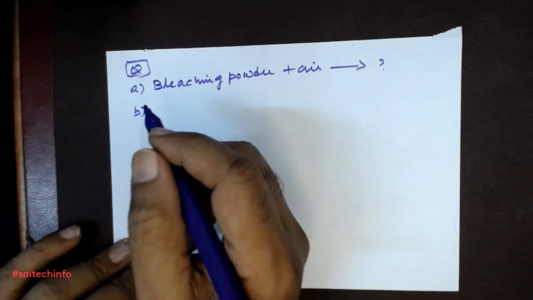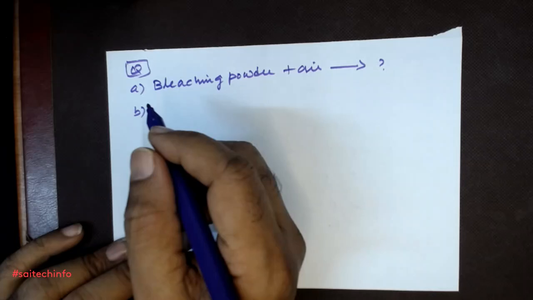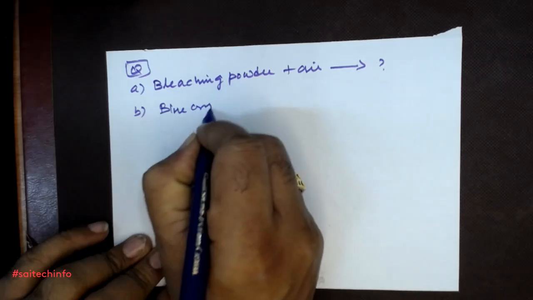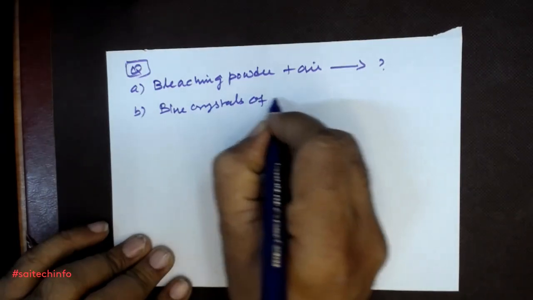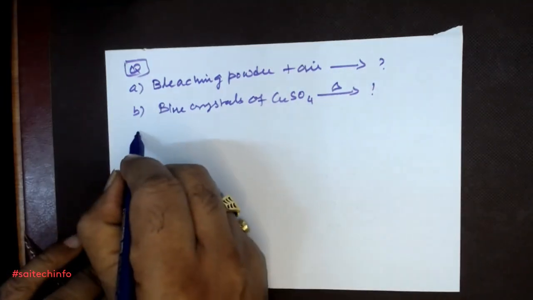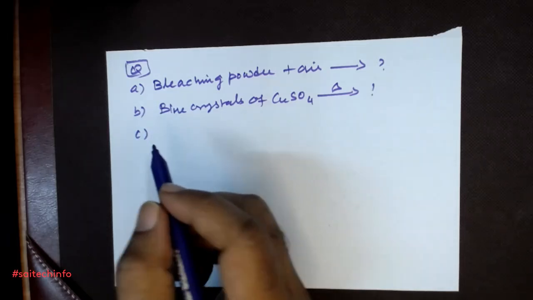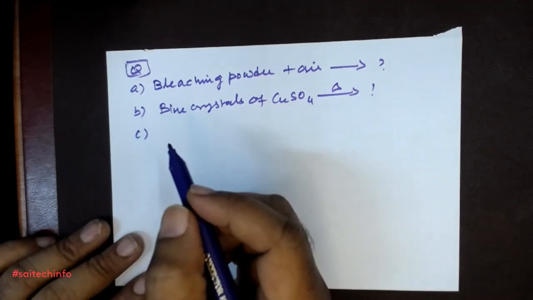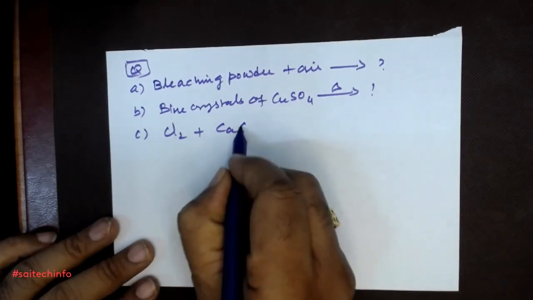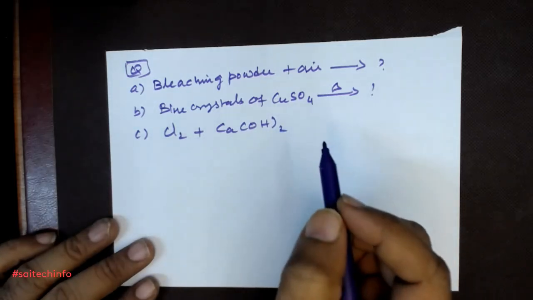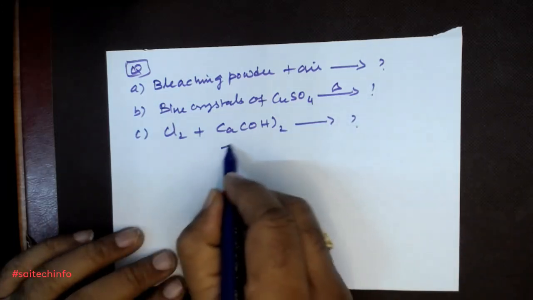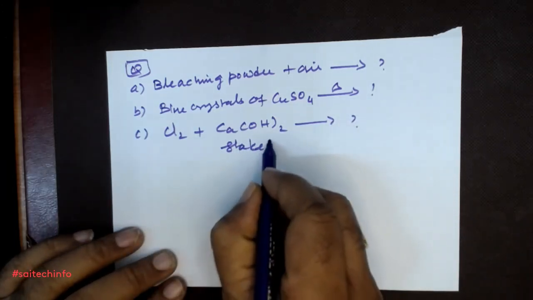B: Blue crystals of copper sulfate are heated. C: Chlorine gas is passed through dry slaked lime. This is called slaked lime, calcium hydroxide.